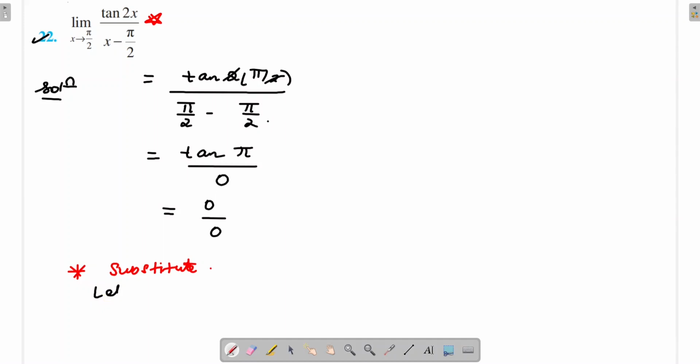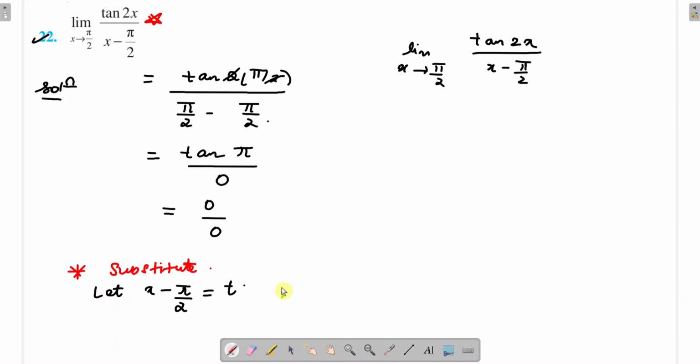So let x minus pi by 2 be equal to t, let us say. Okay, so what you will get, you have to start with the problem again. So limit x tends to pi by 2 of tan 2x divided by x minus pi by 2, and we also have to look at this x tends to pi by 2, what will happen to that.